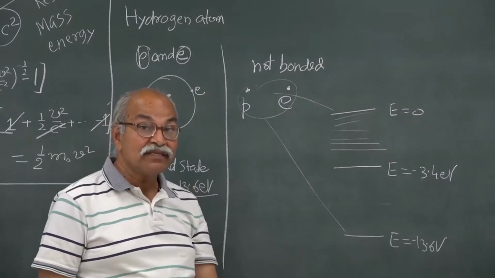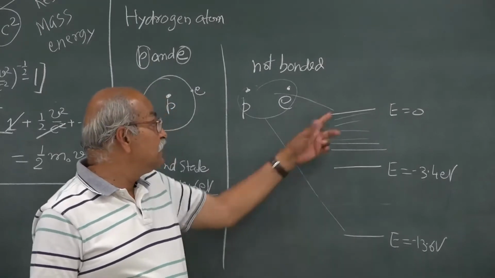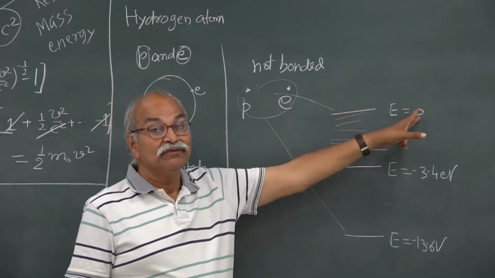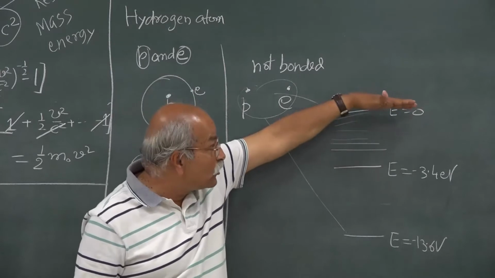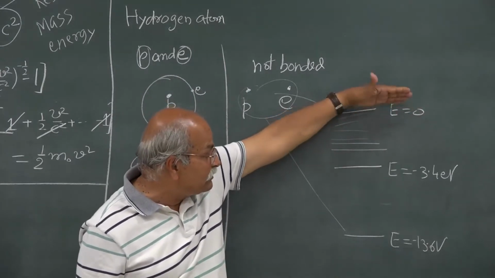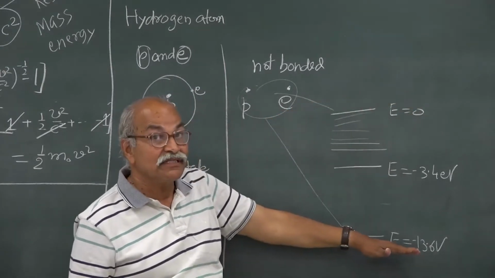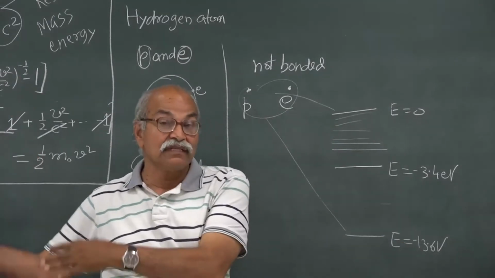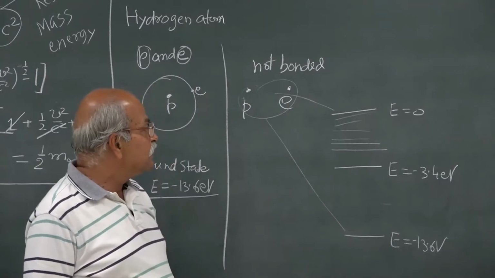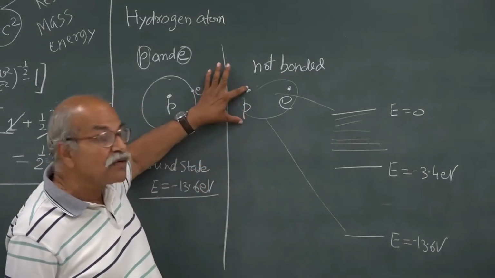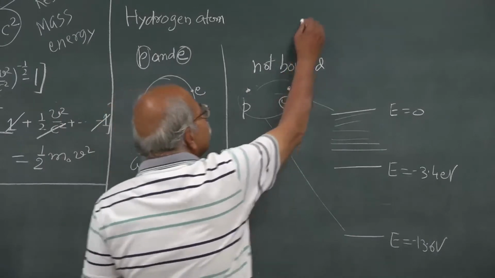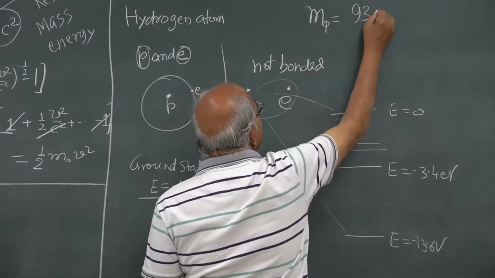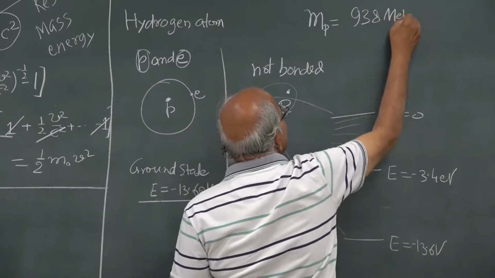The rest mass energy of this combination is not 0. We say that if I call this E equal to 0, then this is minus 13.6 eV. But when we consider these equations, the relativistic phenomena, we will say that the proton had some rest mass, right? The proton had some rest mass, which is about 938 MeV by c square.